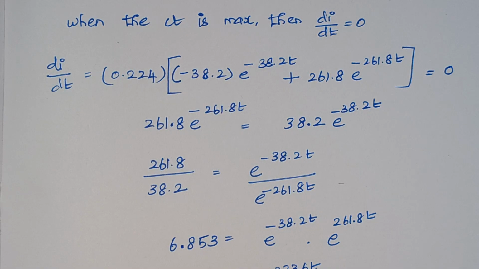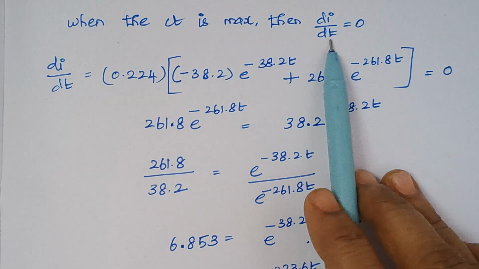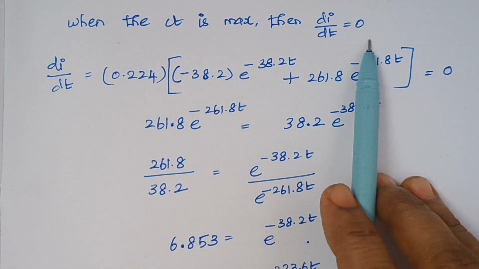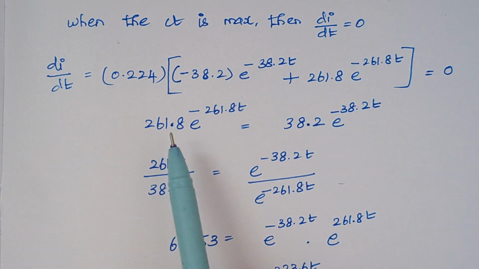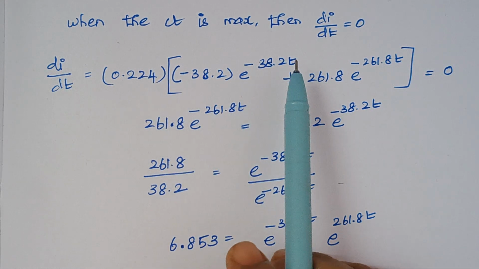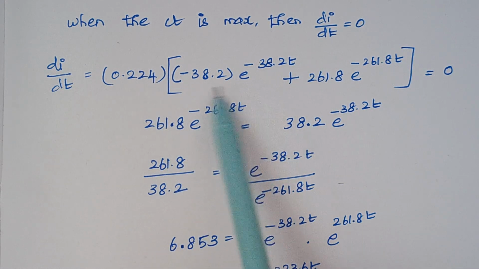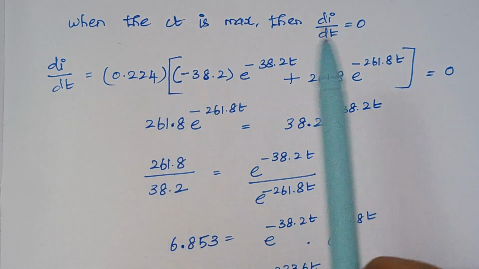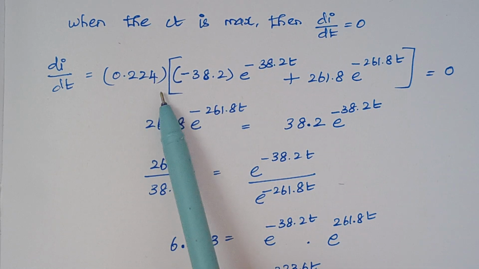Now we are going to calculate the maximum current. How to calculate the maximum current? We have to differentiate it and equate it to 0. Once you differentiate, in the expression 0.224 is common, so we are taking this 0.224 outside.